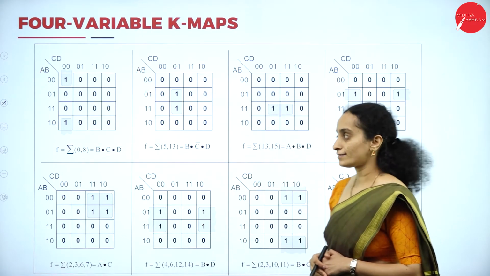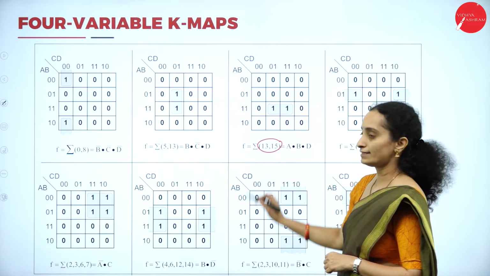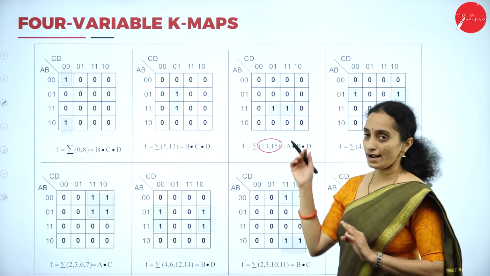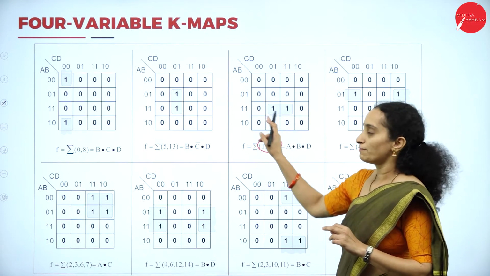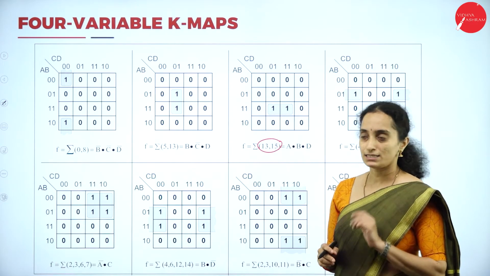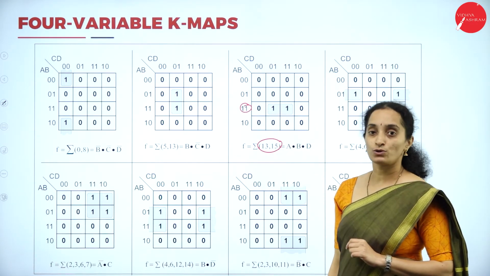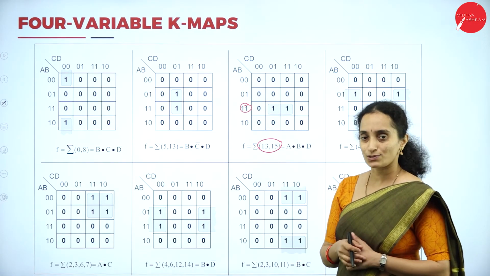Let's take the third example. Third example is 13 and 15. Min terms in 13th cell and 15th cell. Okay, those two only ones. Remaining all will be zeros. Alright. Now, we have to keep these variables as it is. You don't have anything to compare.